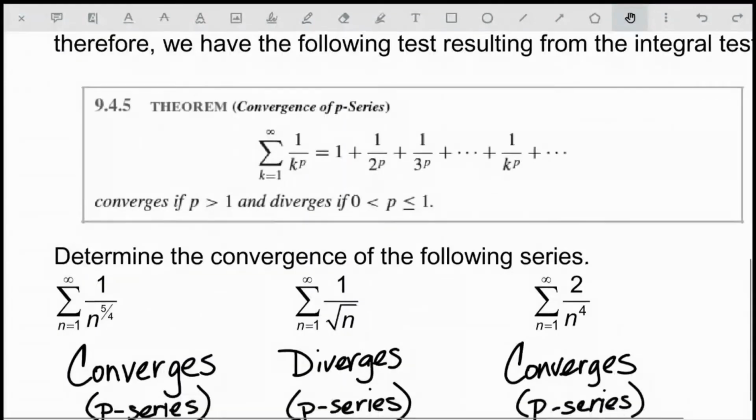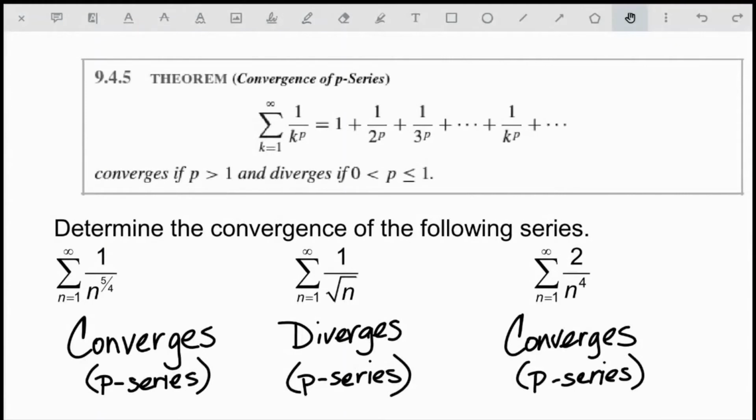So you can see we've got 3 problems down here below, and these require, if they're in the correct form, almost no work. So 1 over n to the 5/4 power, that converges because of the p-series test. You can see the exponent is greater than 1. The second one, essentially 1 over n to the 1/2, you can see it diverges because the p-value is less than 1.